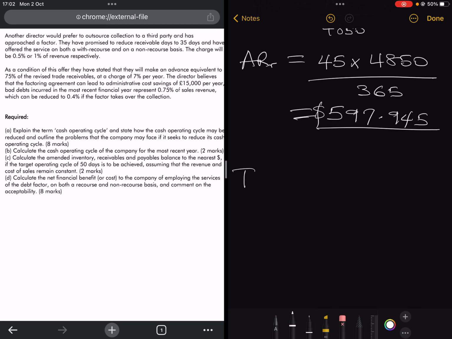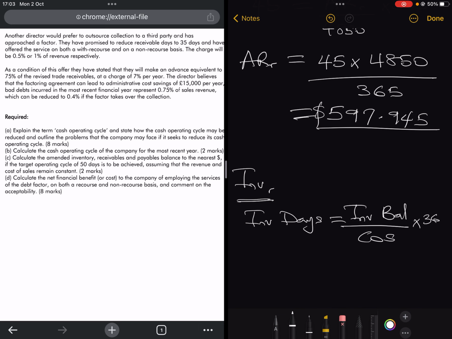And for the inventory revised balance, we know the inventory days formula says inventory balance divided by cost of sales multiplied by 365. Remember I said cost of sales will be used interchangeably as credit purchases.